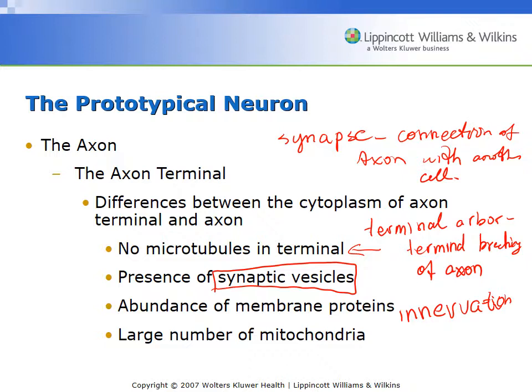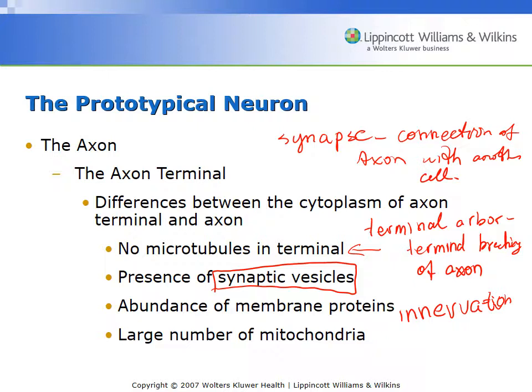And we will talk in depth about what's happening with the synaptic vesicles when an impulse approaches the synapse. There is an abundance of membrane-bound proteins there that are very, very highly organized and orchestrated in conducting this chemical signaling from cell to cell.